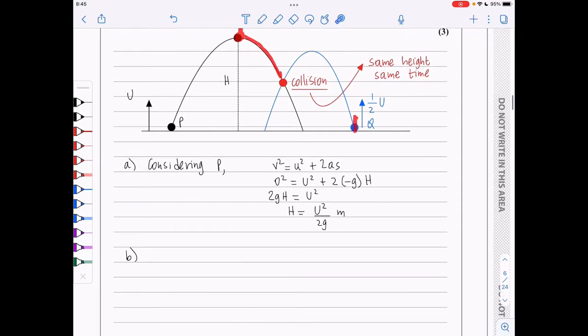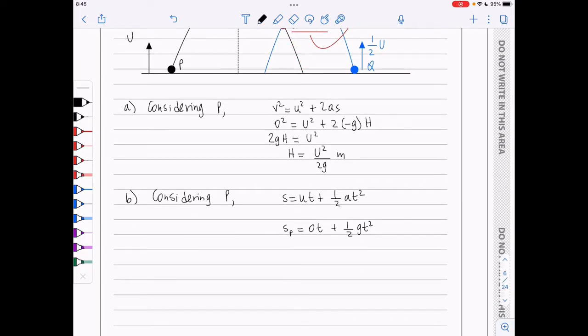So if I consider P again and use that s is ut plus a half at squared, I can say that the displacement of P from its maximum is 0t plus a half gt squared, because I'm modeling this motion here, a starting initial velocity of 0, it's going down, so the acceleration is g, and therefore we've got that sP, the displacement of P, is simply a half gt squared.